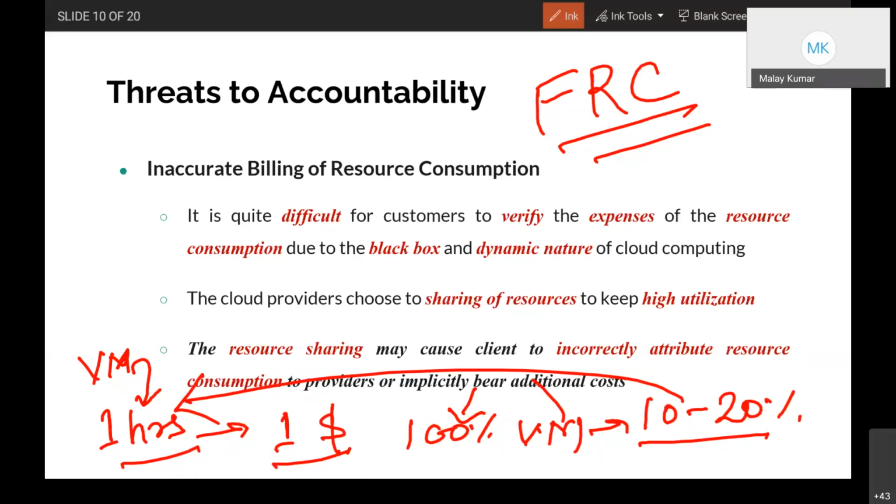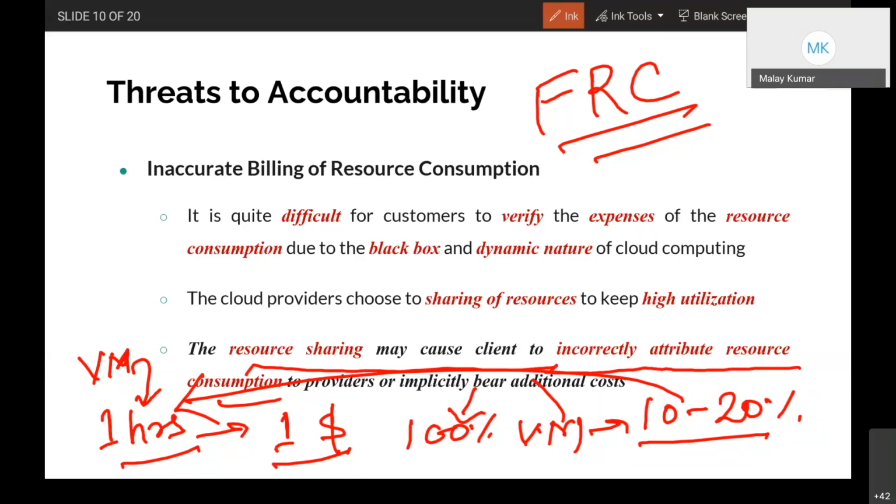Further, the cloud providers choose to share resources to keep utilization high, and resource sharing may cause the client to incorrectly attribute the resource consumption to the providers.